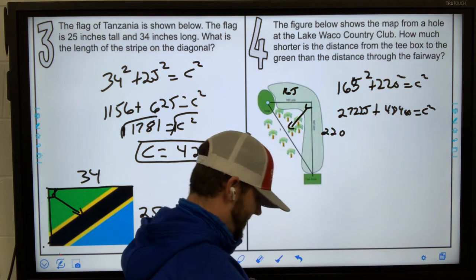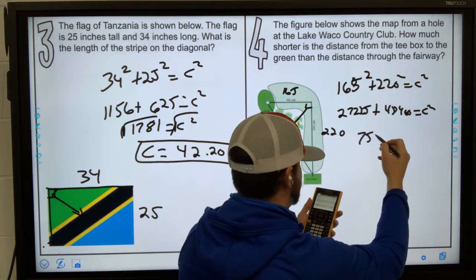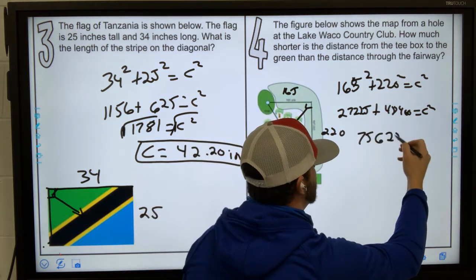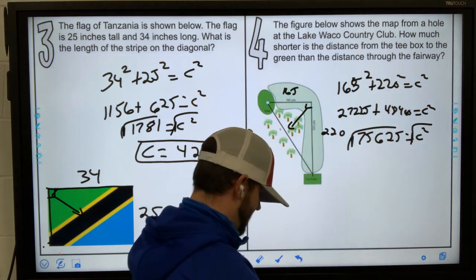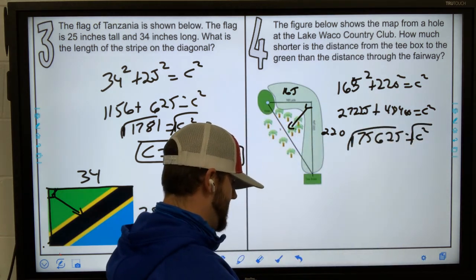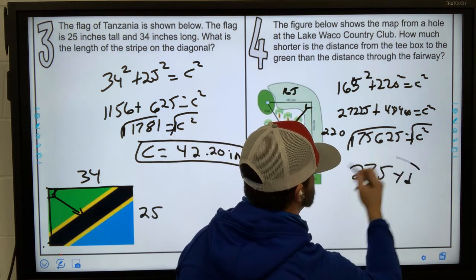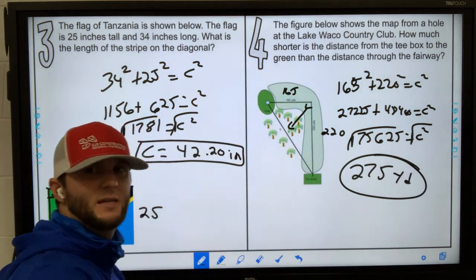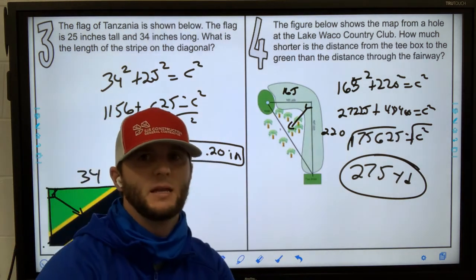I'm going to add those together, and that's going to give me 75,625. And then all I have to do is take the square root of both sides. If I take the square root of that, that's going to give me 275 yards. So ladies and gentlemen, you would need to hit a 275-yard shot from the tee box to the green.